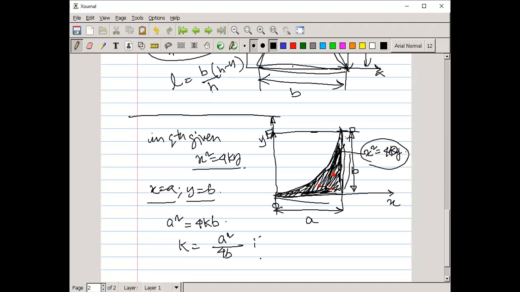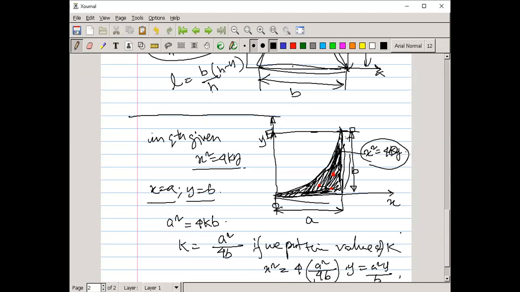And if we put this value of k in the equation x square is equal to 4ky, then x square is 4 into, instead of k we can write a square by 4b, into y, which is equal to a square y by b.